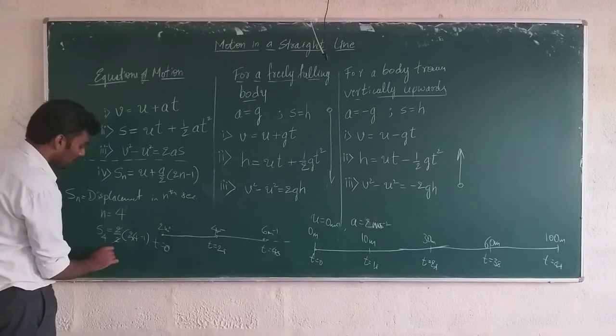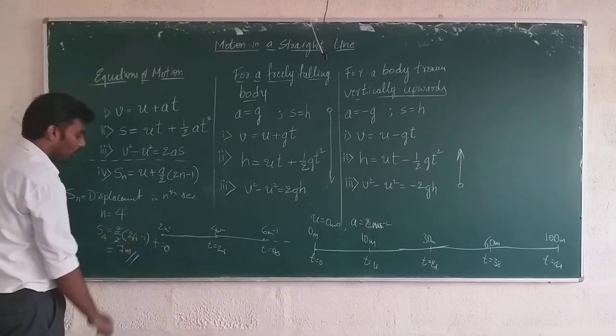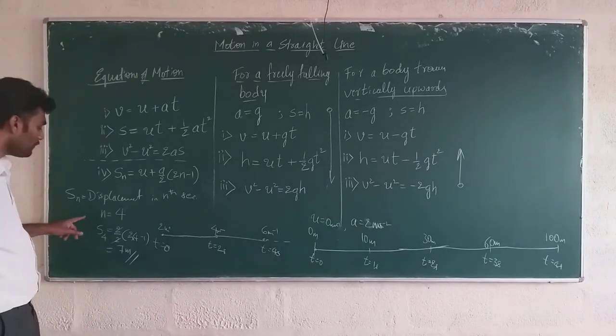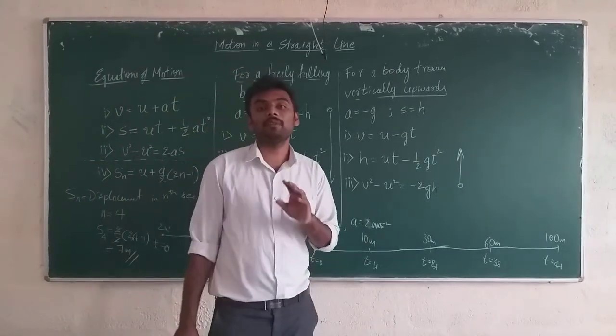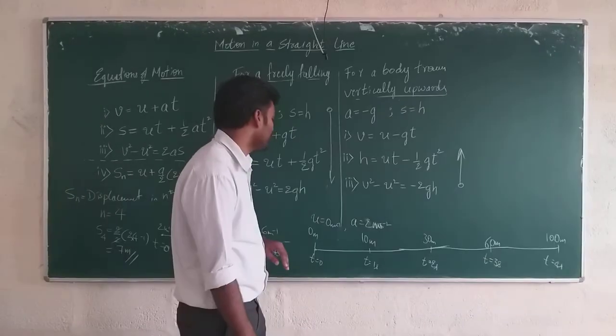The 2 cancels. 2 4s are 8, 8 minus 1, 7. So, for a body accelerating with 2 meter per second square, in the 4th second, it travels 7 meter.